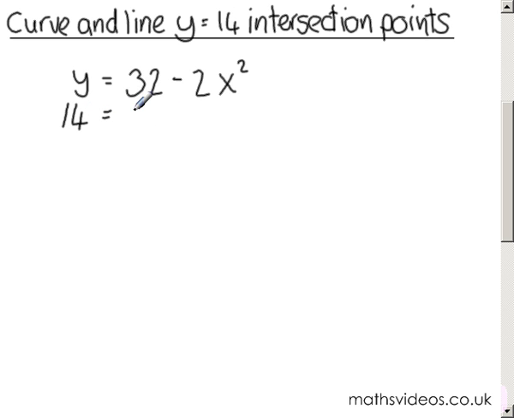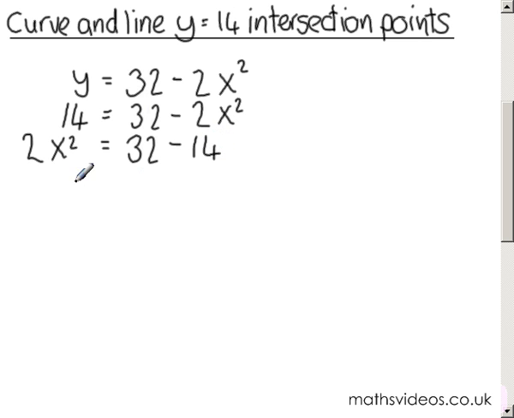So 14 equals 32 minus 2x squared. Rearranging this to put the letters to the left and numbers to the right, we have 2x squared is equal to 32 minus 14, which means that 2x squared is equal to 18.